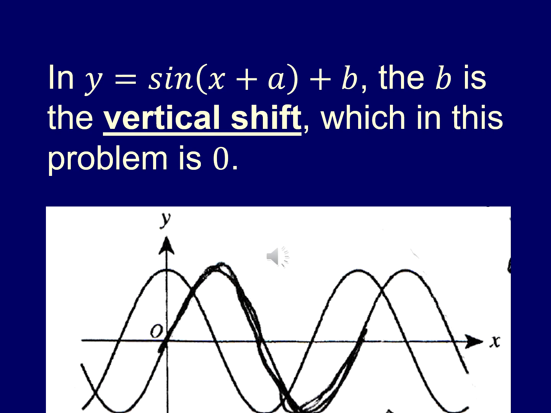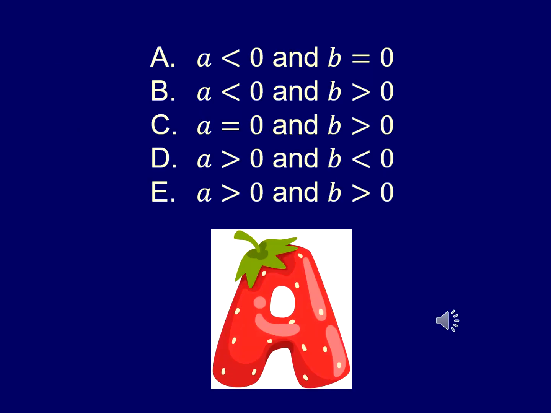Well, here, the vertical shift is 0 because the graph I have highlighted and the other graph both go up and down to the same points. It's pushed across, but it's not pushed up and down at all. And so the b in this problem does have to be 0. Conveniently, there is only one choice that has b equals 0, and the answer has to be that one.